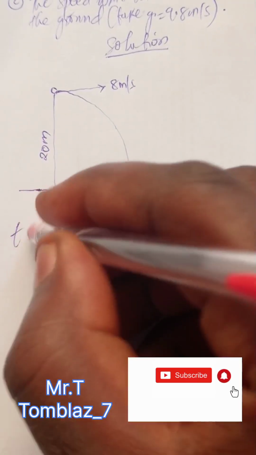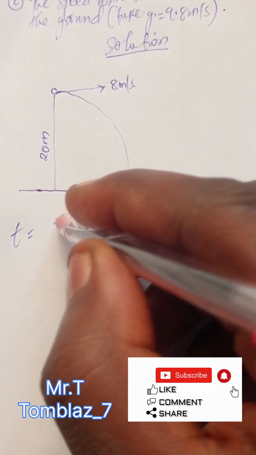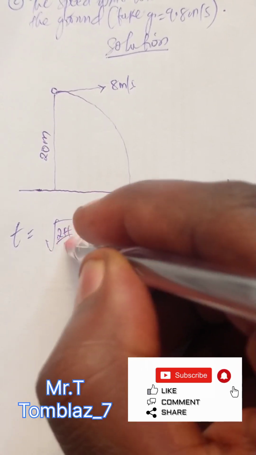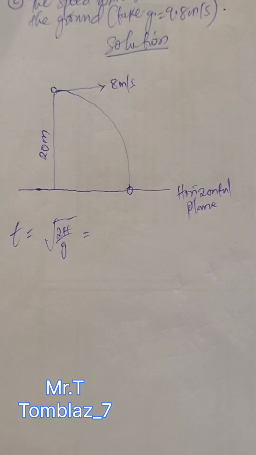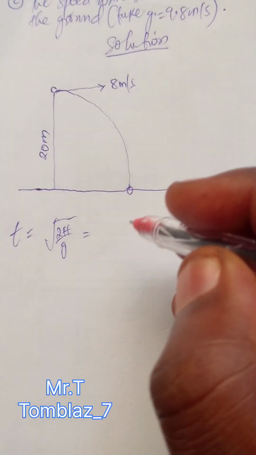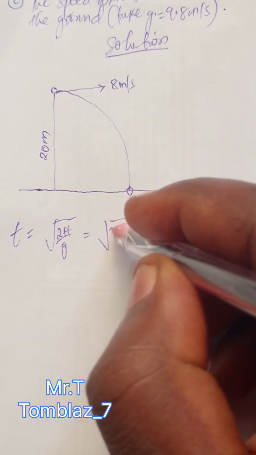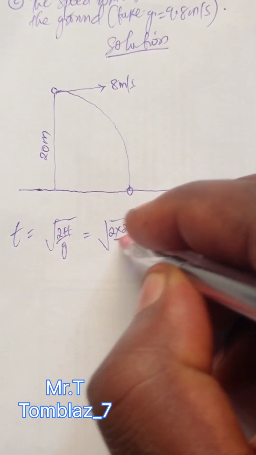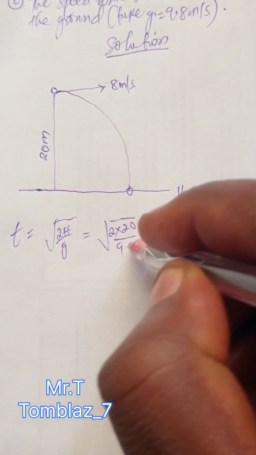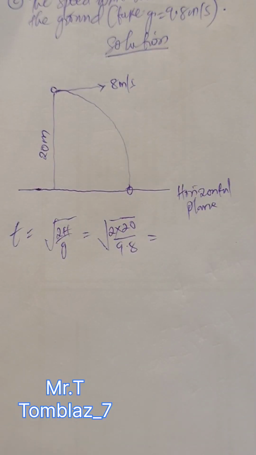t equals square root of 2h over g, we can then substitute our values and get our answer. So this is 2 times the h, which is 20, all over the g, which is 9.8. Let's multiply, this is 40.